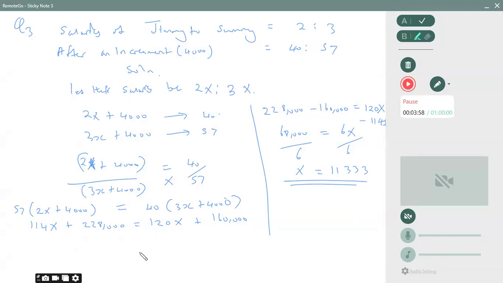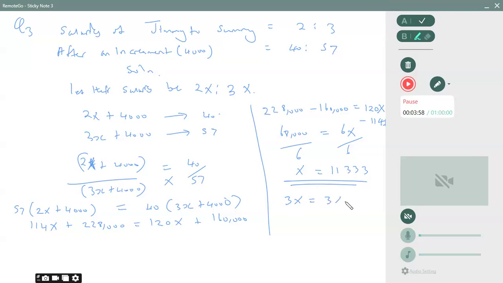Let me change my screen. So about Sammy, his salary was 3x.